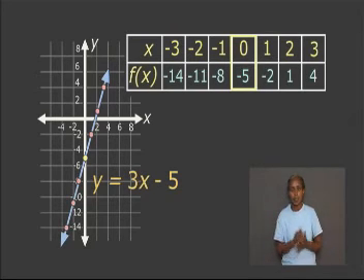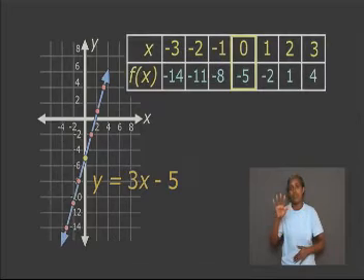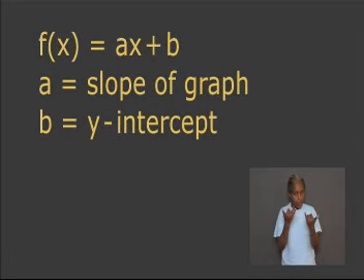The point on the graph where your line intersects the y-axis is negative 5. Now we know that in the linear function f(x) = ax + b, a is the slope of the graph and b is the y-intercept.